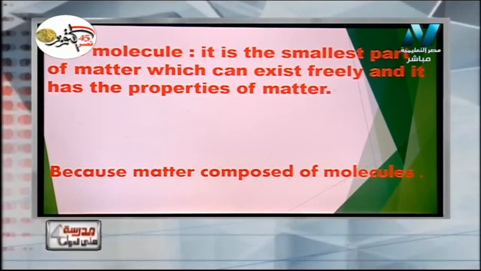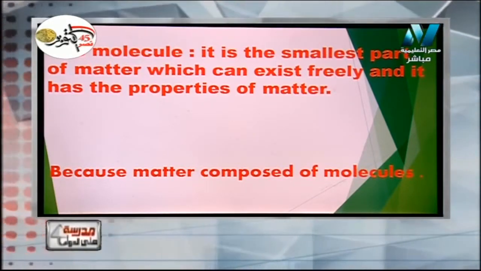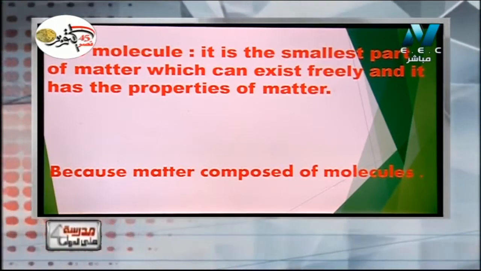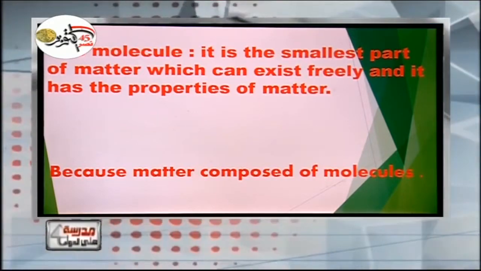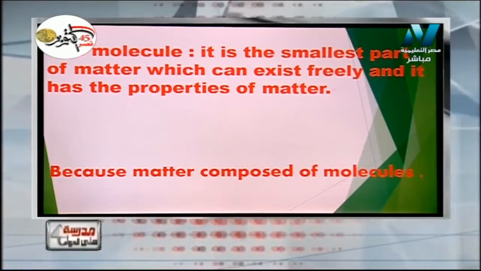What does it mean? If I have a block of sugar, can I make it powder? The smallest part of the powder of sugar is called a molecule, because it has the color of sugar, the taste of sugar, and it can exist freely.